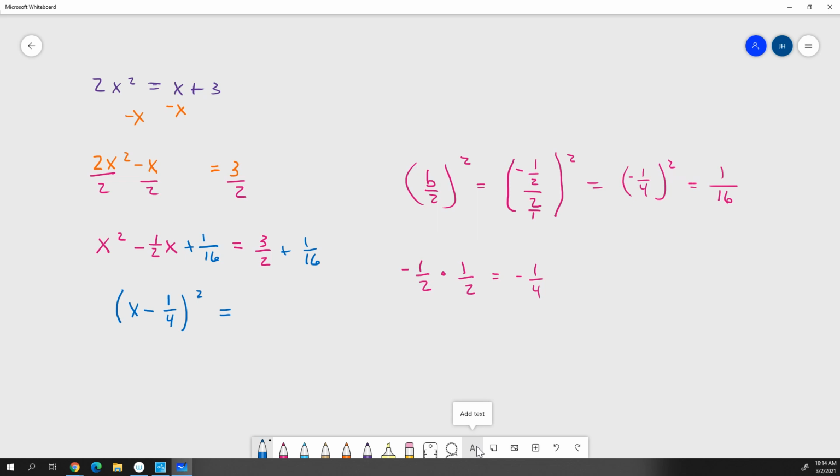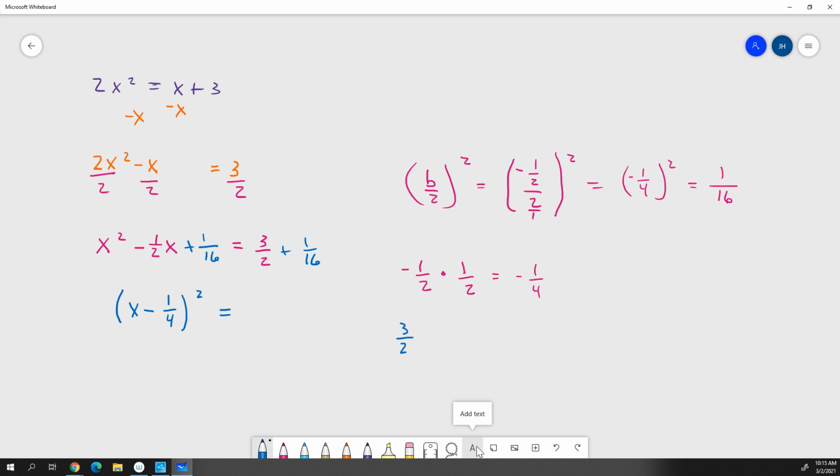What do I need to add two fractions together? Common denominators. Thank you. Yes. And in this case, our common denominator can just be 16, right? Because 2 goes into 16.